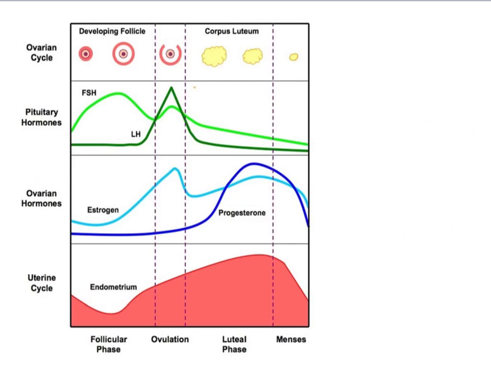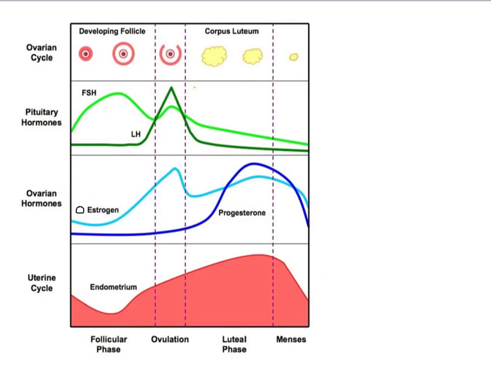So here we have a very simple multi-graph, if you like, of a few things we're going to be talking about. At the bottom, I have a shaded red section that shows the endometrial lining. That's meant to represent the thickness of the lining over time. In terms of time, this is a typical 28-day cycle. We have in light blue estrogen, and there should be a little O, with just the E being the Americanized spelling.